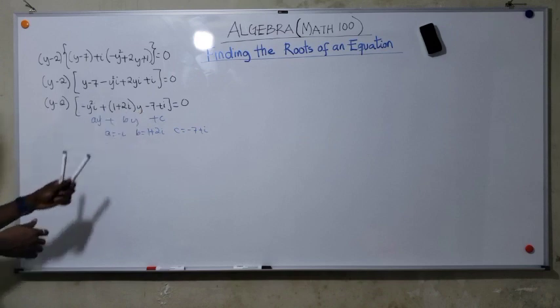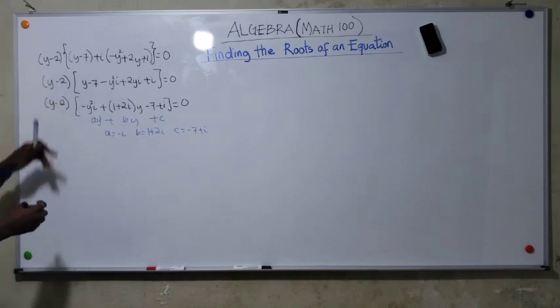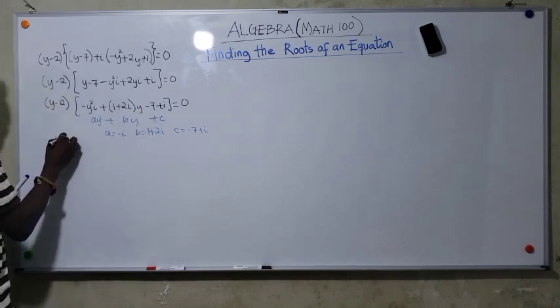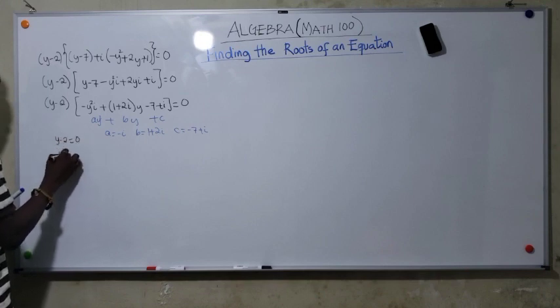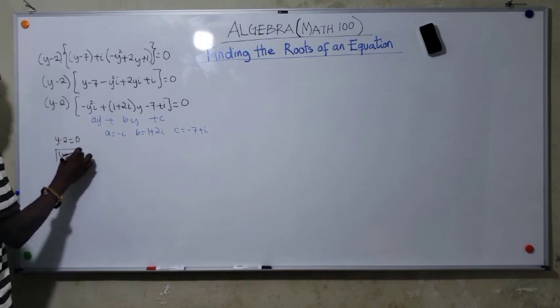We can find the roots of this equation. First, y minus 2 equal to 0, so y will be equal to 2, which is our first root.